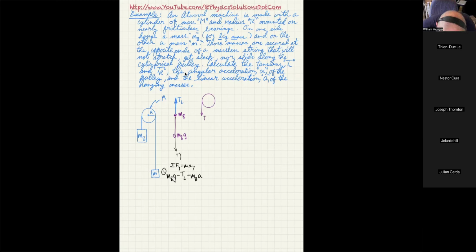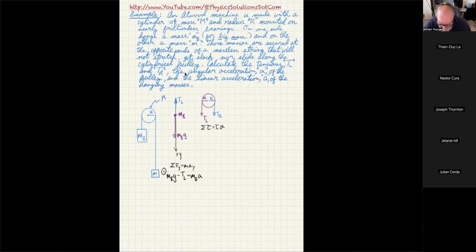So this is the force T sub L, and of course, the radius of this is just big R. But in addition to that, I have another tension pulling down on the other side, T sub R, and that side also has a radius of R. For this one, we're going to say the summation of the torques is equal to I times alpha.